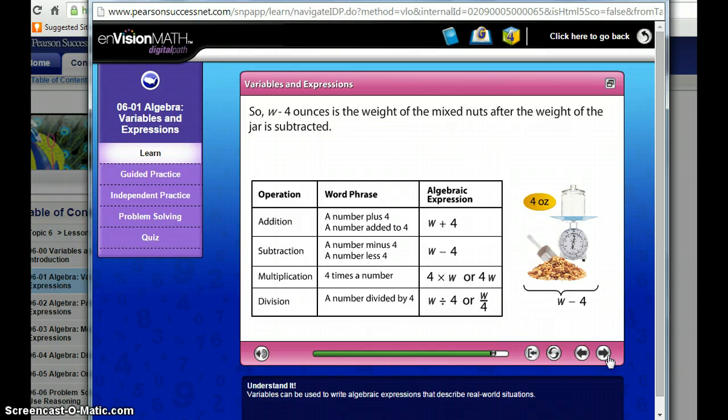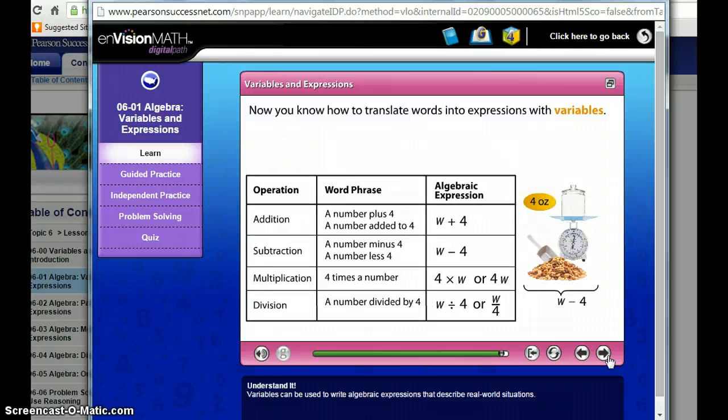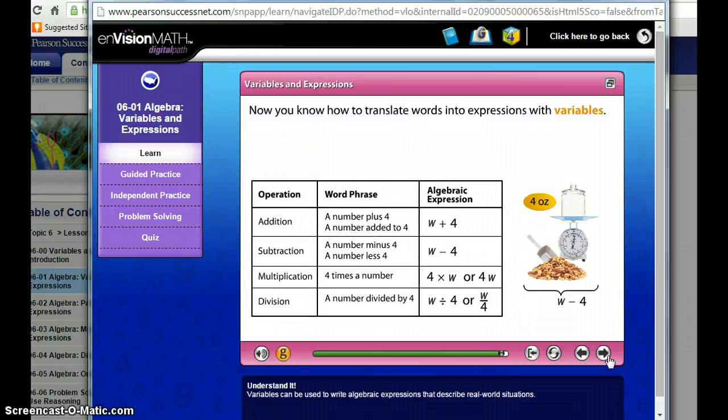So, W minus 4 ounces is the weight of the mixed nuts after the weight of the jar is subtracted. Okay, now we don't have enough information. We're not able to actually find out how many ounces the mixed nuts are. That's okay. Now you know how to translate words into expressions with variables.